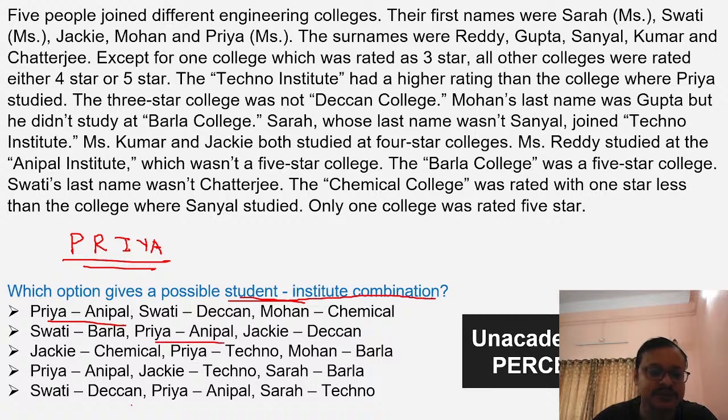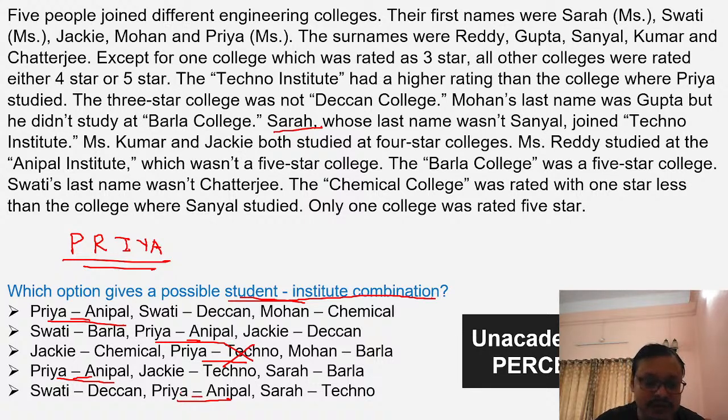There are 4 options which are talking about Priya in Anipal. And there is one option talking about Priya in Techno, but we already know Priya is not Techno. Which means the first thing you can do is eliminate Priya Techno, which automatically means all the 4 options are saying Priya is part of Anipal.